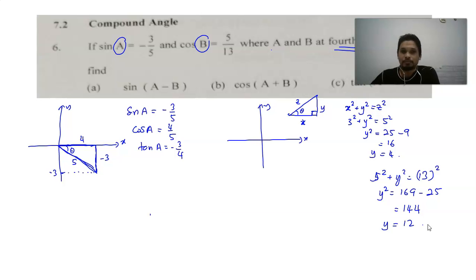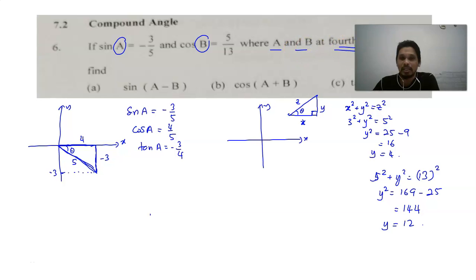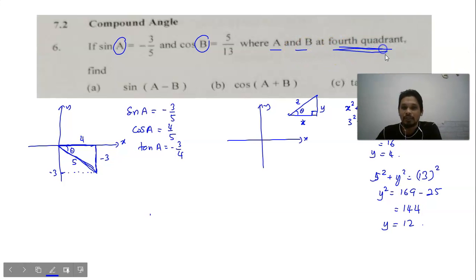Both A and B are in the fourth quadrant.